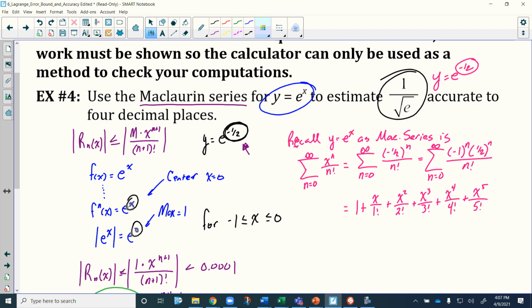So here I'm going to be able to substitute. I'm going to take that negative 1/2, and I'm going to substitute it anywhere I have x.